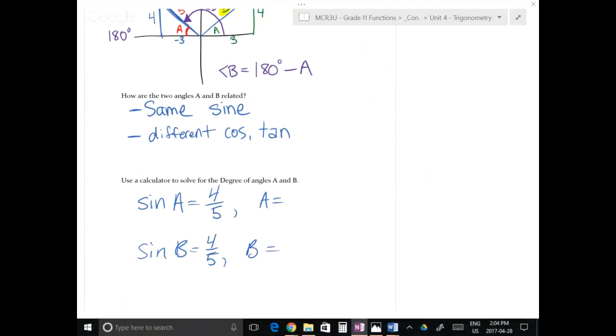Because I've told you the sine. You need to look up the angle. How do you do that? Yeah, you got it. That's right. Is it in radian mode? Probably. Yeah, it is. See here where it says rad?